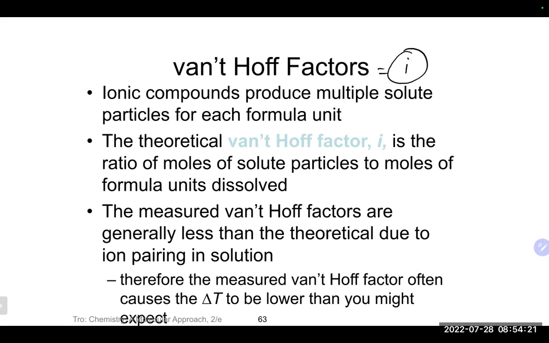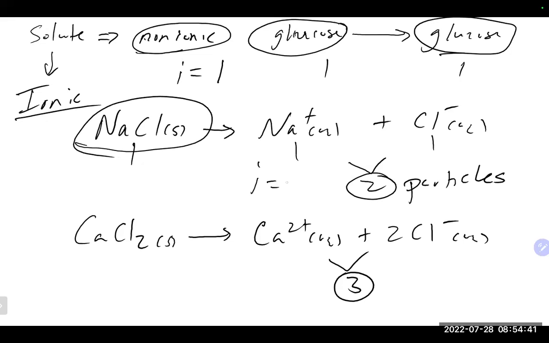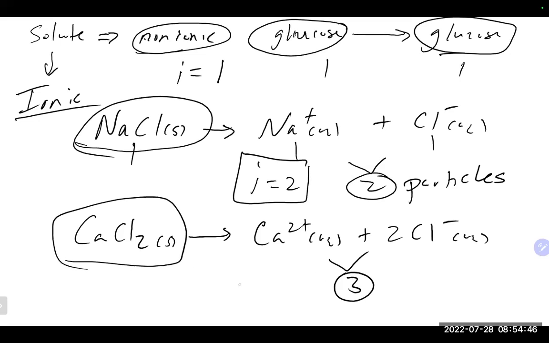So for a non-ionic solute, i equals 1, which is why we didn't take it into account previously. For sodium chloride, the i factor becomes 2, and for calcium chloride, the van 't Hoff factor is 3. That does affect all of those colligative properties that we just talked about.